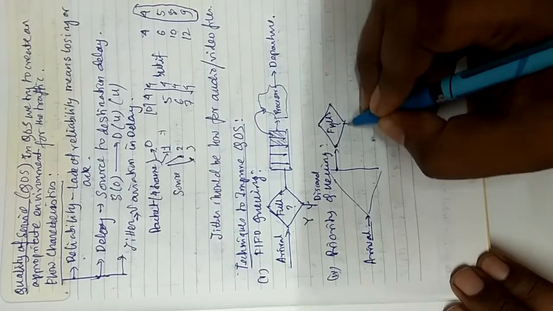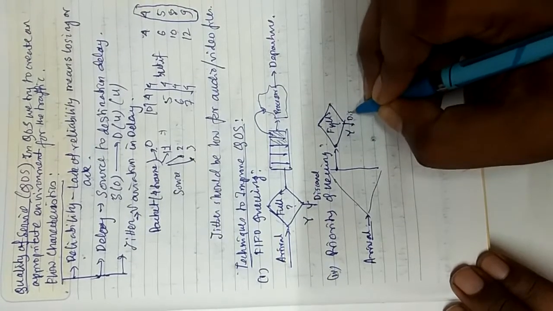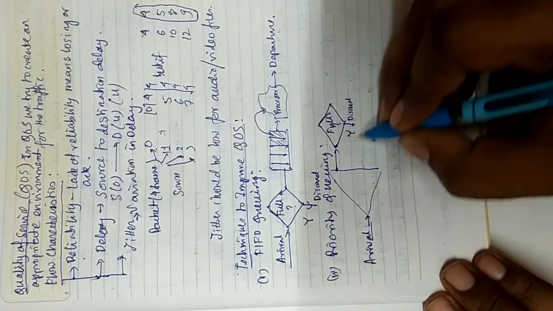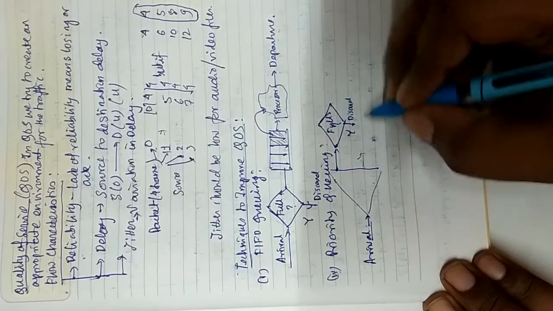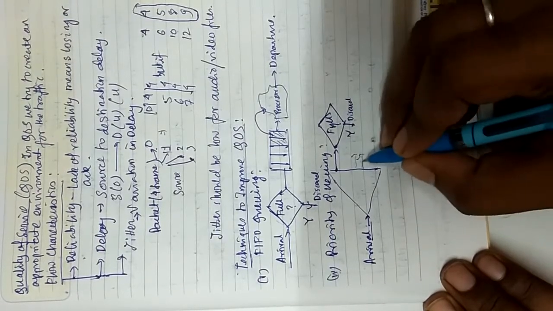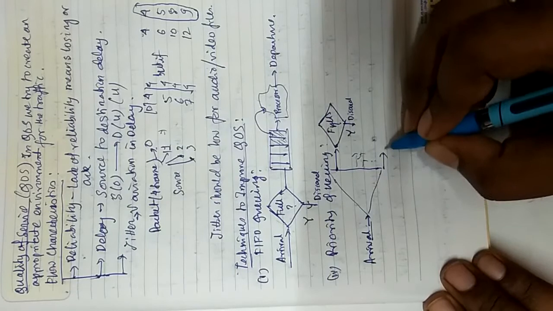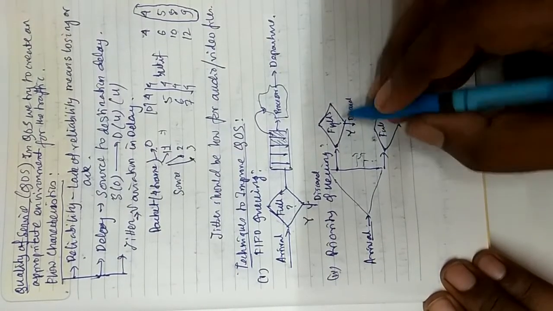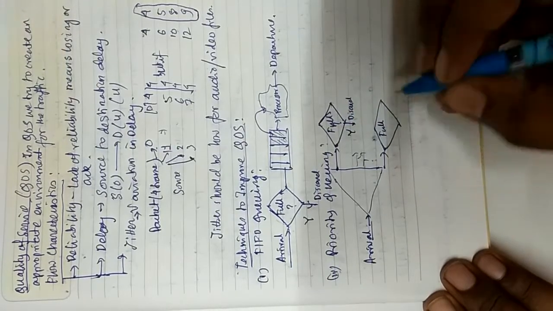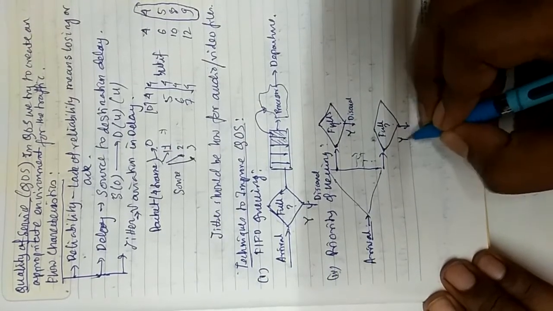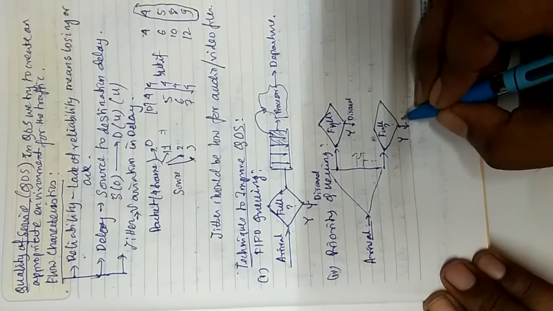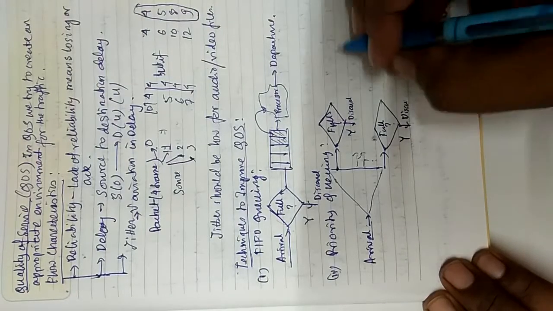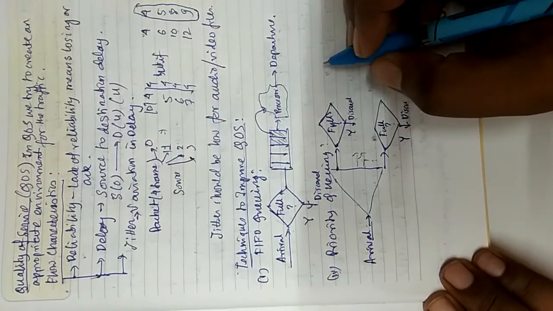If yes, then discard. There are many queues like this. So if the queue is full, it is also discarded, same as the previous one. Now we will set some priority over here.